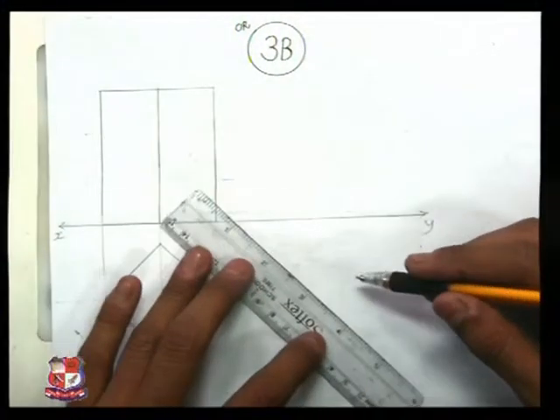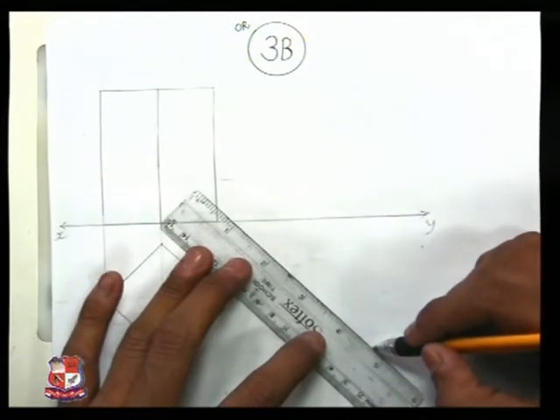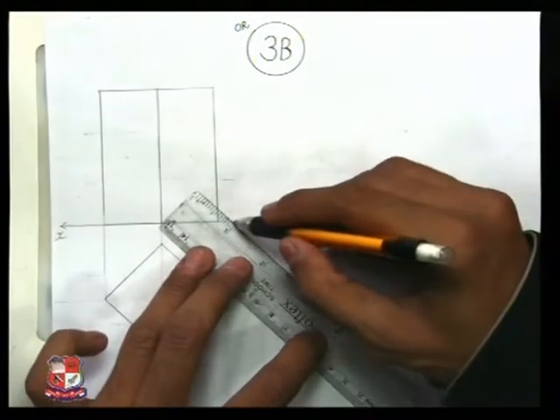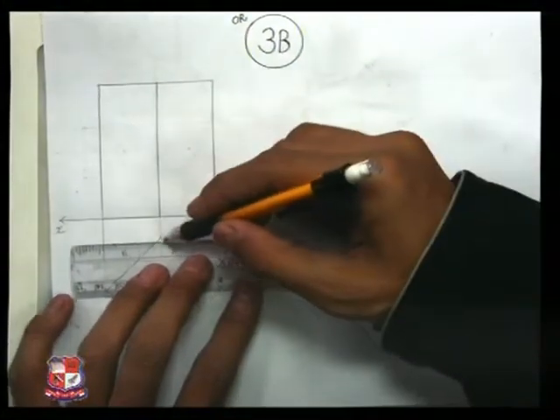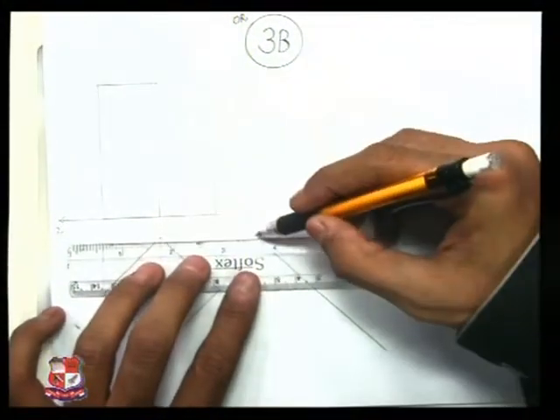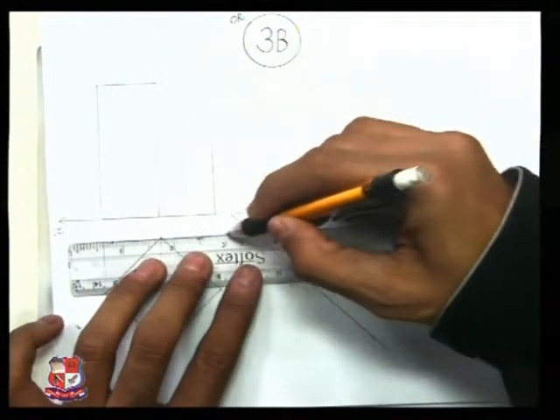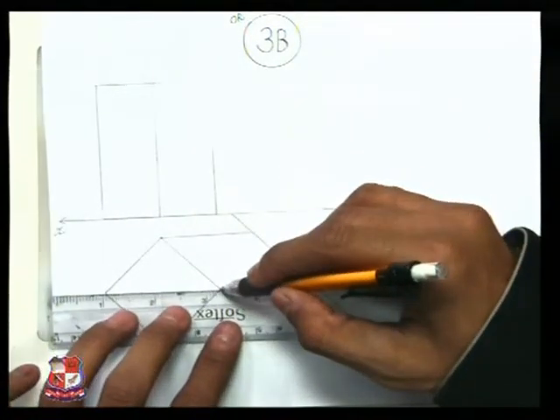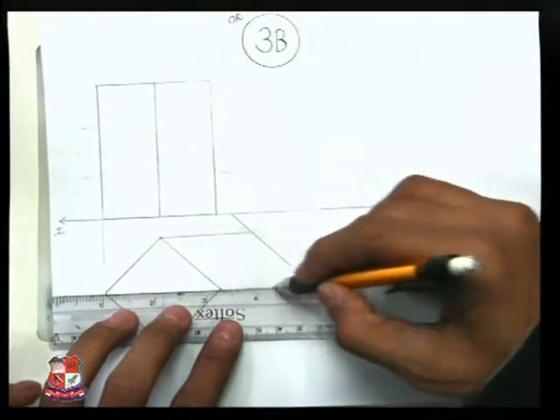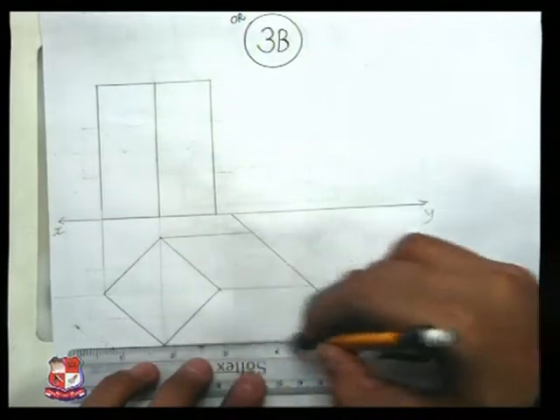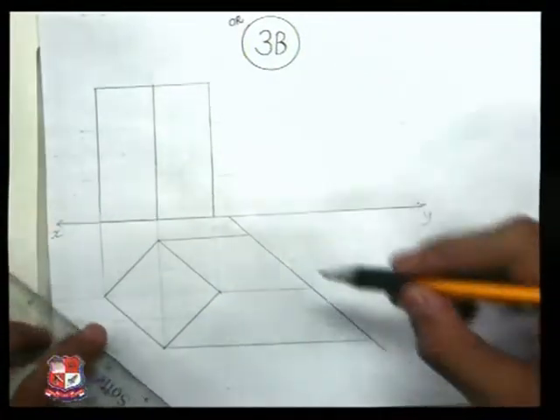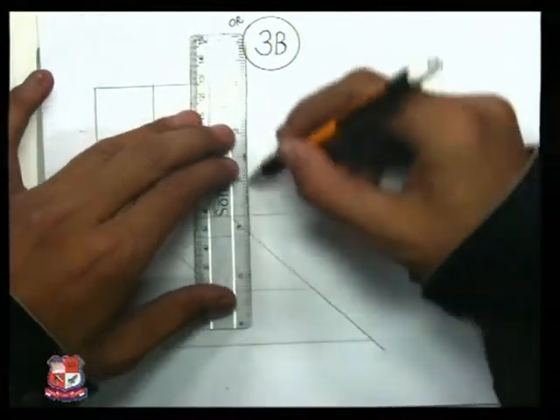Similarly, we can draw here a miter line to draw its side view, a line at an angle of 45 degrees with the XY line, and transfer all these points to this miter line like this. Draw horizontal lines from all these points that will cut the miter line at this point somewhere here, and from these points draw vertical lines.